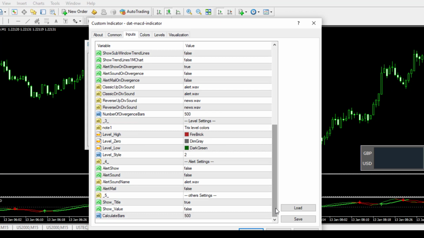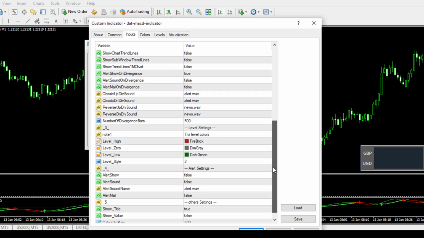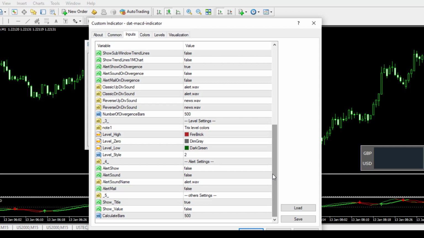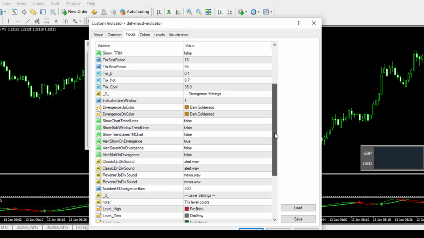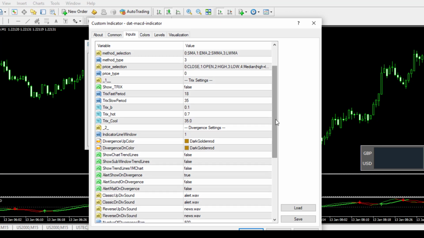This is how I use it, but this does not stop you from trying it out with different settings. You can modify it, adjust the setting to suit how you trade. I am just showing you what I use. And if you want to see the trees, you can turn it on.